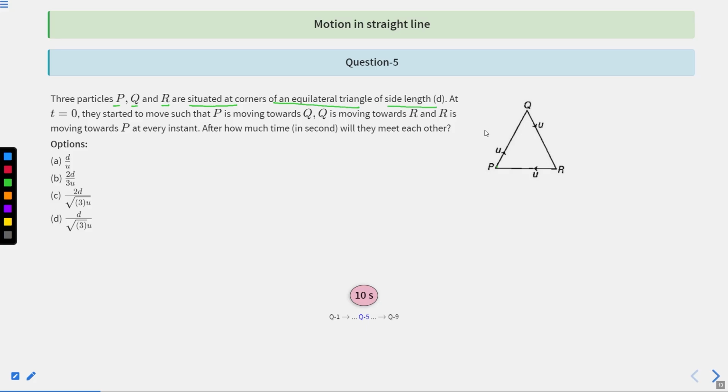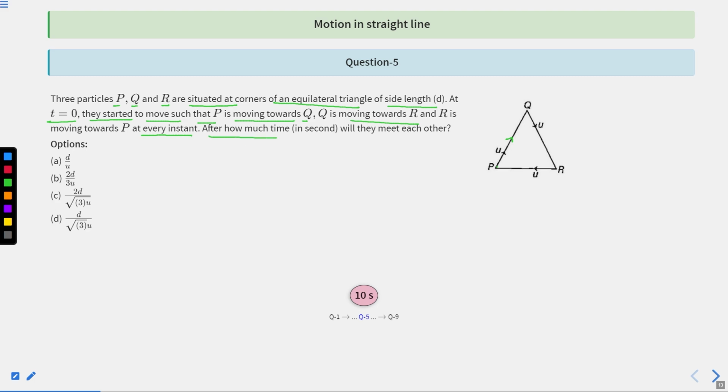The side of the triangle is D. At t equal to 0, they start to move such that P is moving towards Q, Q is moving towards R, and R is moving towards P at every instant.